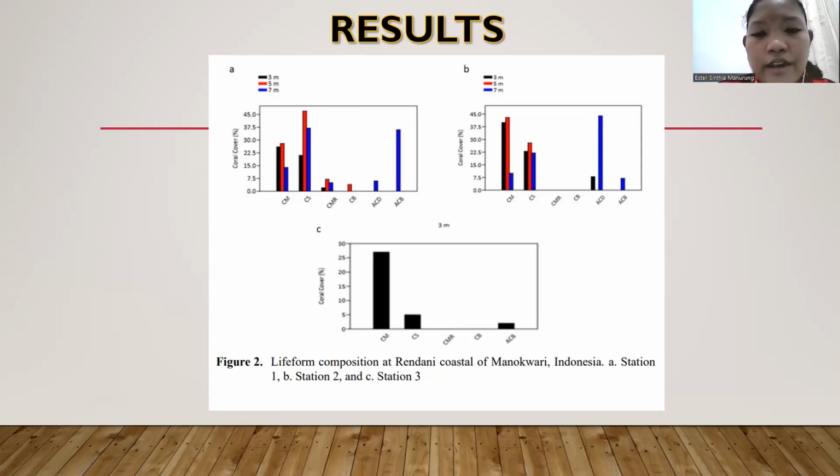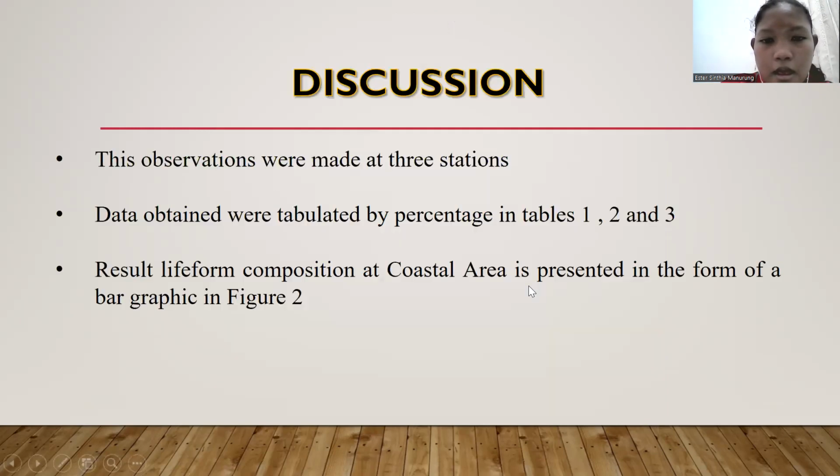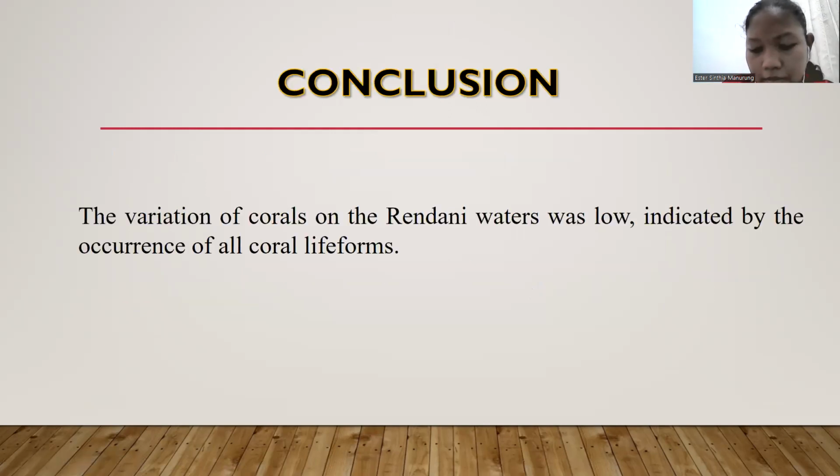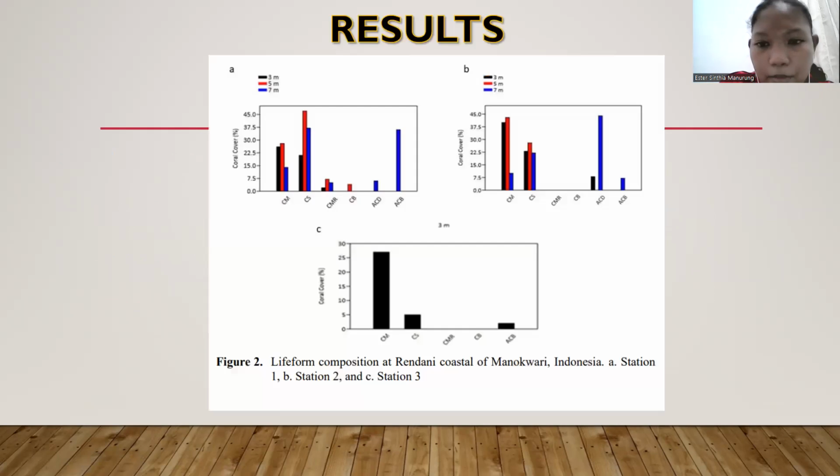There were two coral life forms found: Acropora, including branching HCB and digitate HCB, and non-Acropora, including branching CB, massive CM, submassive CS, and mushroom CMR. Acropora and non-Acropora are distinguished by axial corallite presence.